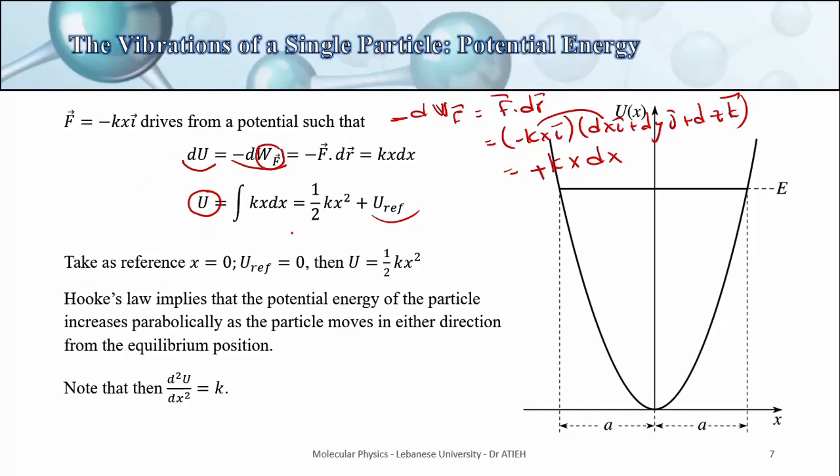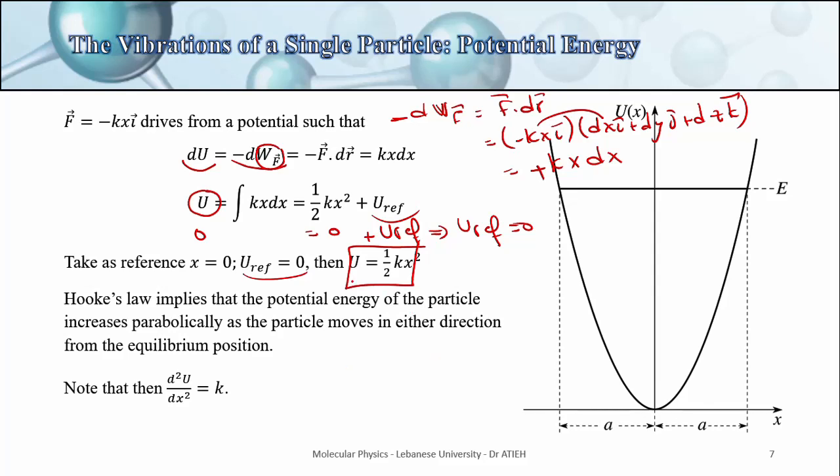So U reference equals 0, and the formula of U will appear as only half kx squared. k is the stiffness of the spring and x is the elongation of the spring.